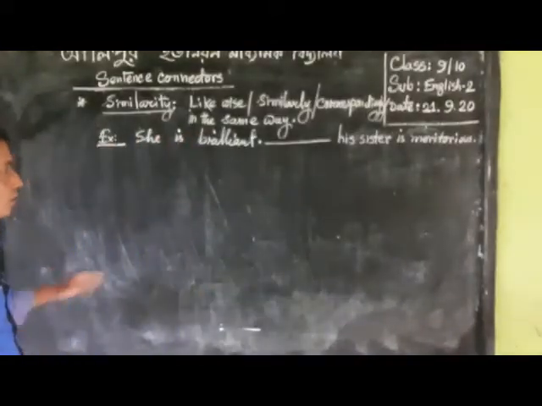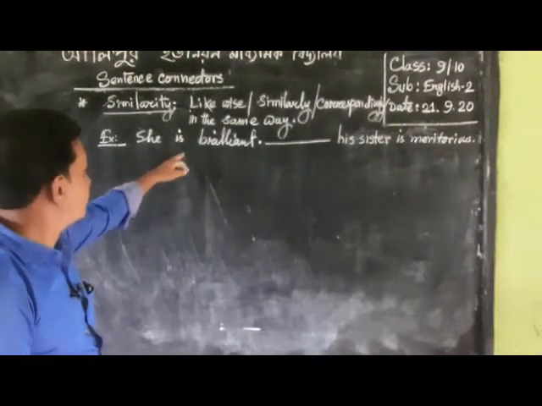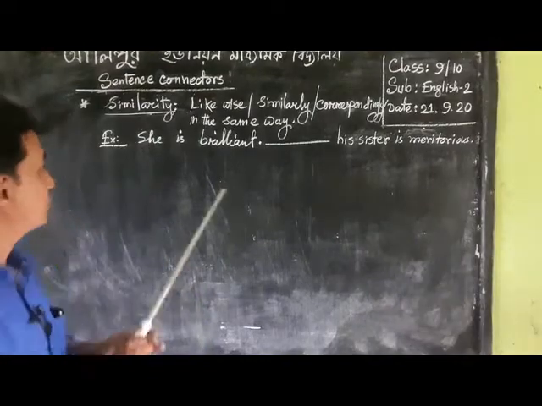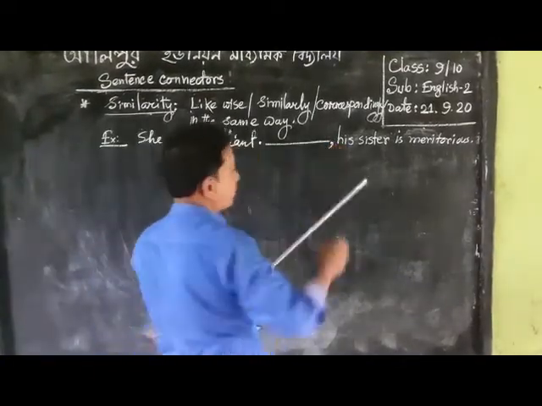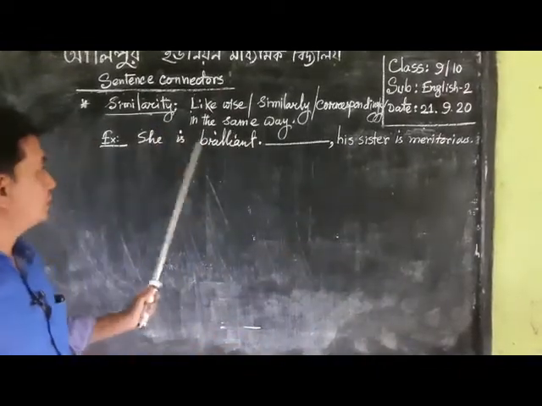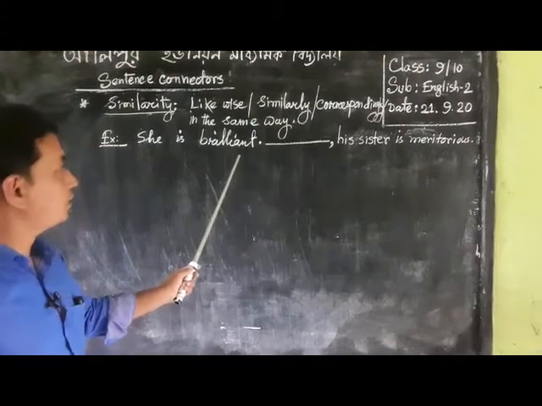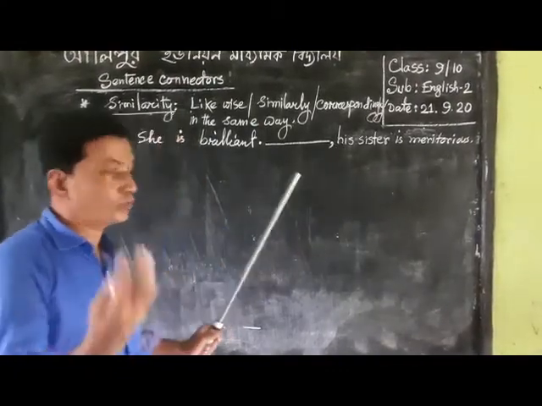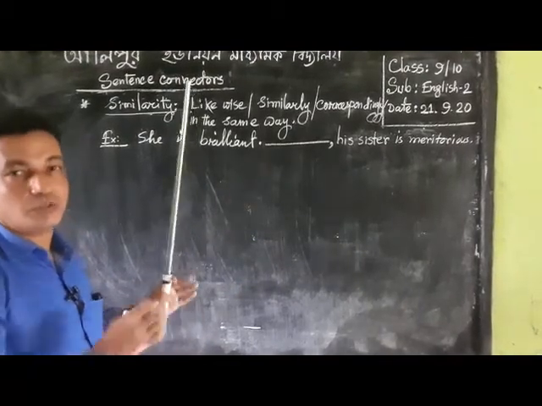Dear learners, let's have a look on the blackboard. She is brilliant. Blank. Her sister is meritorious. There are two sentences in this context. First sentence, she is brilliant, and second sentence, his sister is meritorious. And we have to join a connector to communicate with the two sentences.